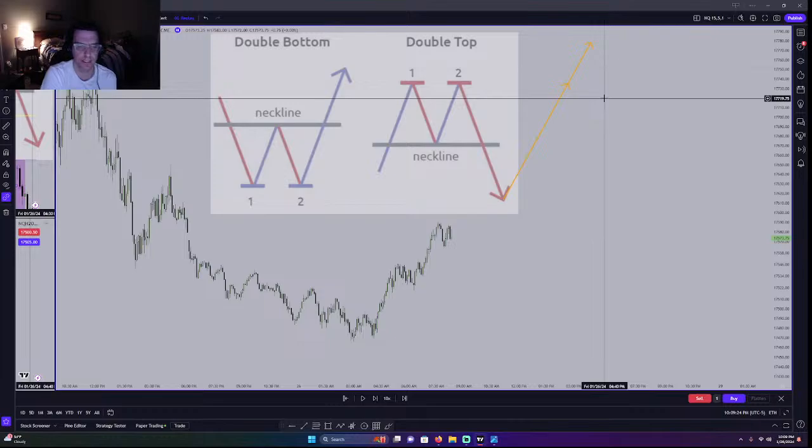And it's with the theories of ICT that it is because there are stop orders and buy orders up there for people that went short because they read the same book that I read when it came to retail double tops and double bottoms.